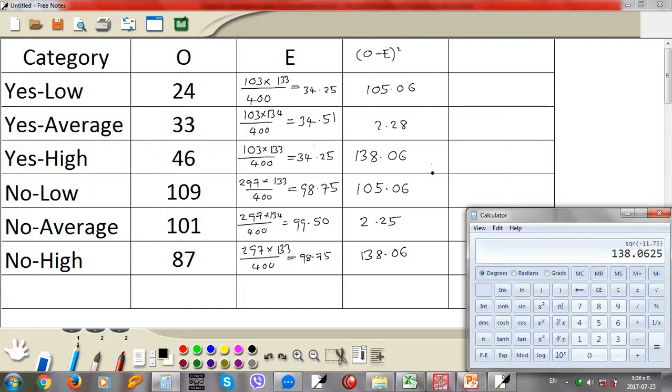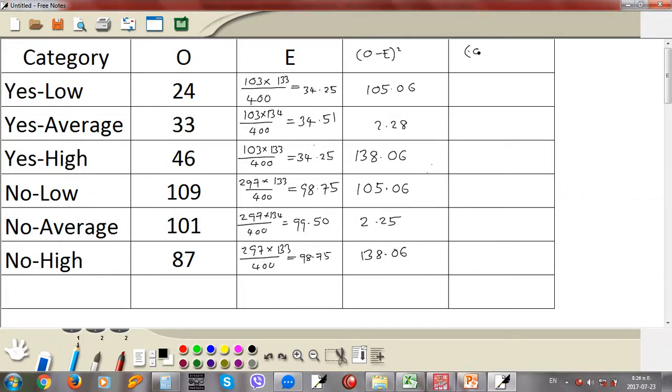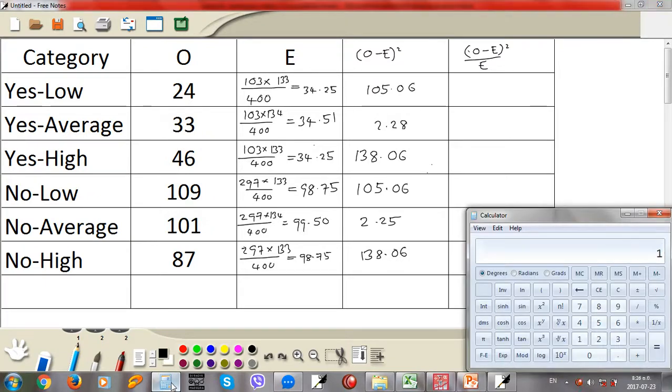Then what is this one? Square divided by expected value, right? 105.06 divided by expected value 34.25, then the answer is 3.07.